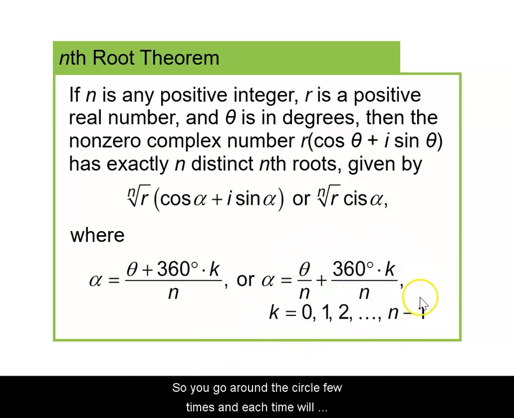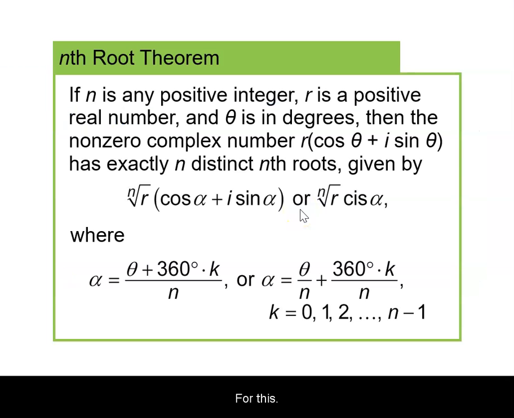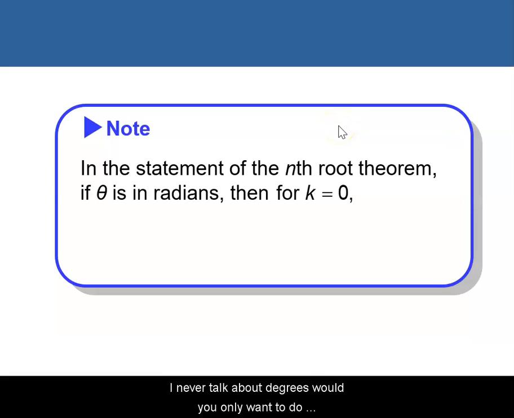So we go around the circle a few times, and each time we'll land on a different part of the circle, and each of the points that we land on represents a different root of the complex number that we're taking the root of. So this k value is what allows us to get the n different roots that we want, okay? I know we're talking about degrees, but generally we want to do this in radians.